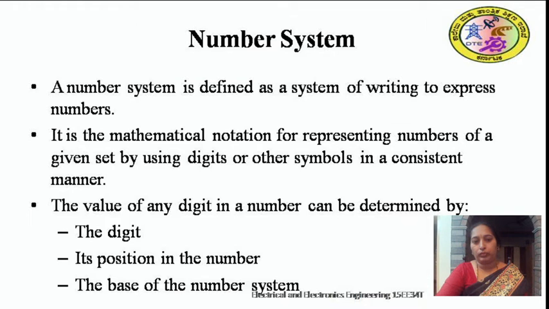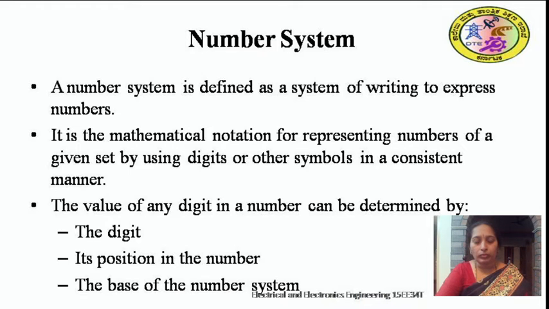So, how does the value of a digit in a number depend? It depends on the digit itself. If I say 0 and 9, digit 9 is greater than 0, we all know. Then, its position in the number.